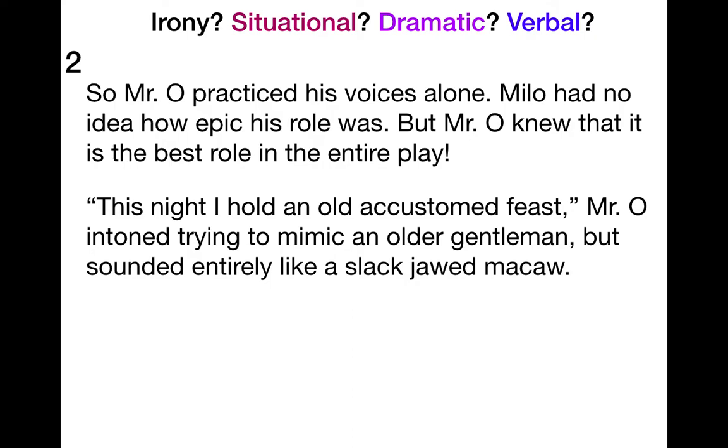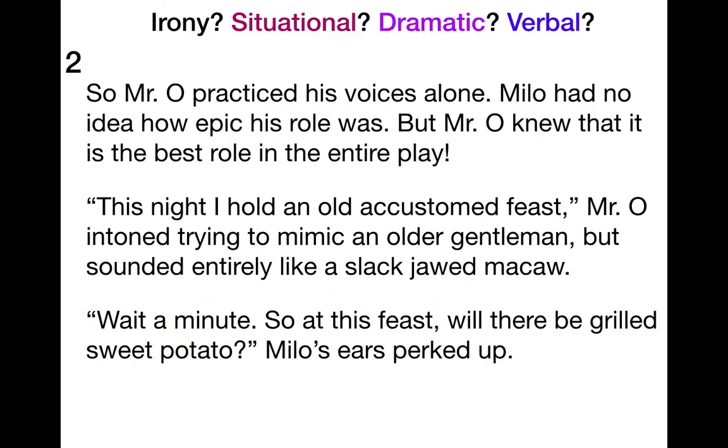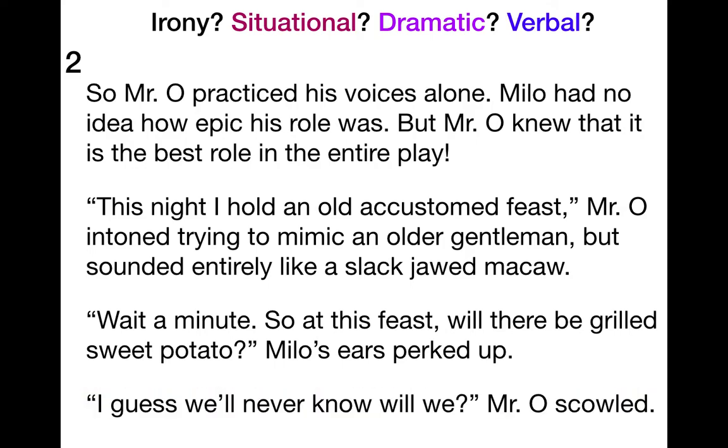Oh, this night I hold an old accustomed feast, Mr. O intoned, trying to mimic an older gentleman, but ended up sounding exactly like a slack-jawed macaw. Like a slack-jawed macaw? Wait a minute! At this feast will there be grilled sweet potato? Milo's ears perked up. I guess we'll never know, will we?